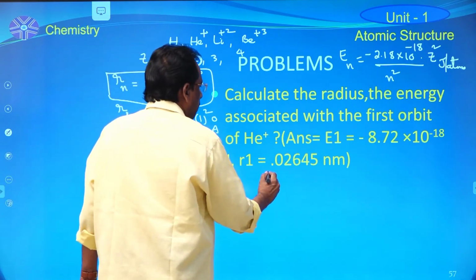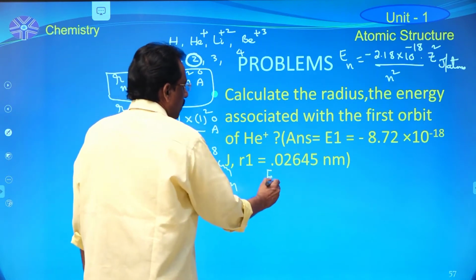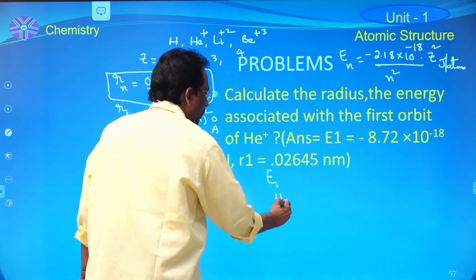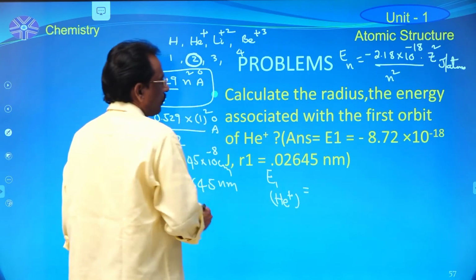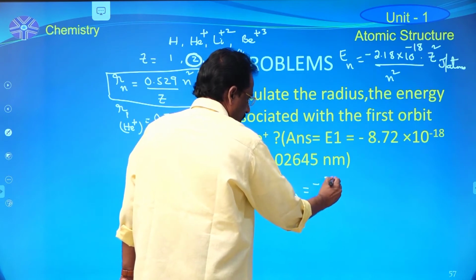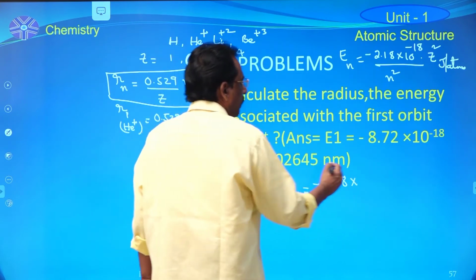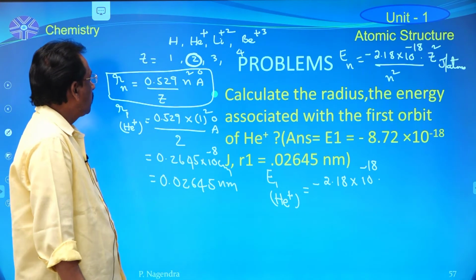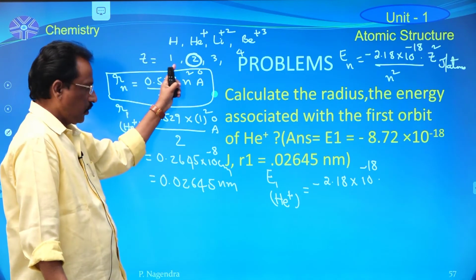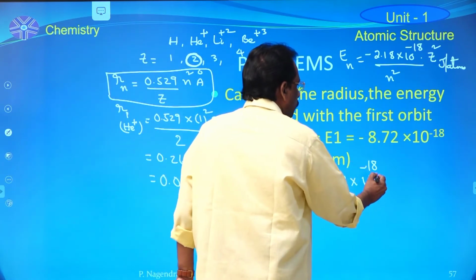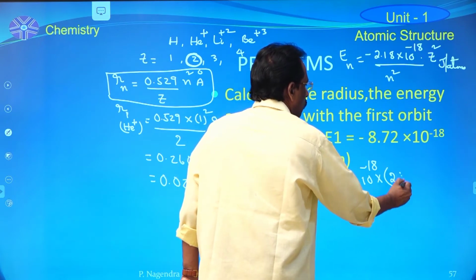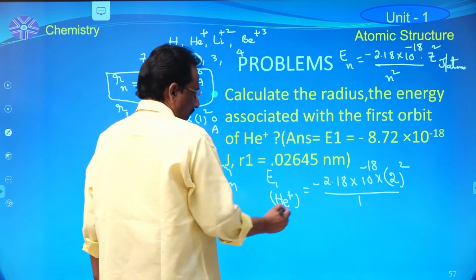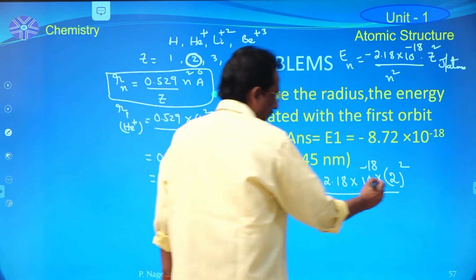Now calculate the energy of the electron present in first orbit of He plus, which is equal to minus 2.18 into 10 power minus 18 into, for He plus ion value of Z is equal to 2, therefore into Z square, that means 2 square, divided by first orbit 1 square joule per atom.